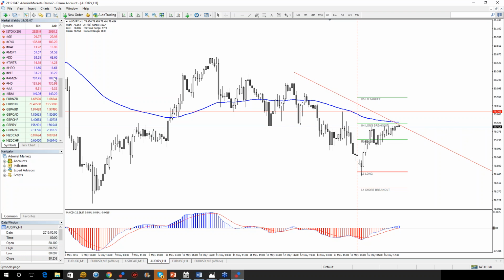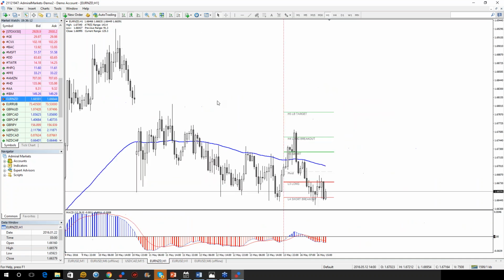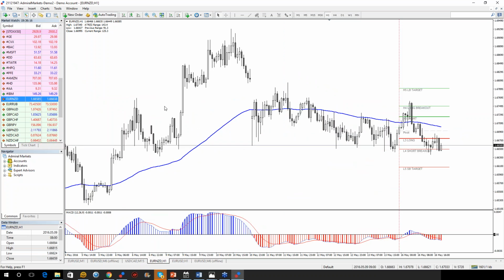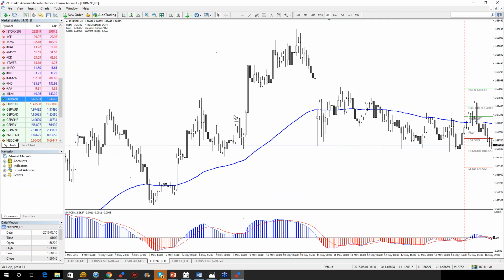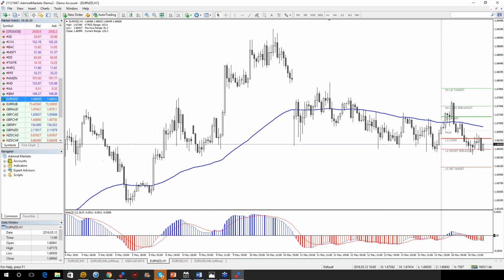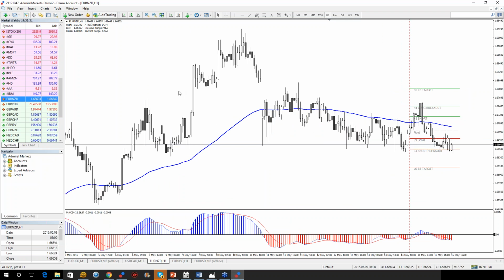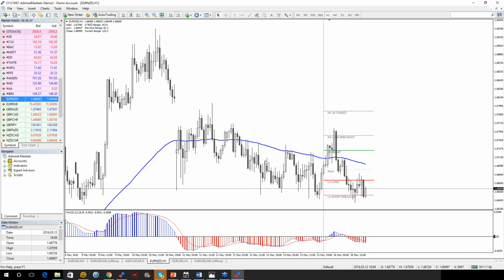Euro New Zealand here. Nothing. I don't see anything here. I see head and shoulders, left shoulder, head, right shoulder. This is the range, up, down, up, down, up, down. This is the bubble that can explode, and if it explodes, it will be huge, because Euro New Zealand usually moves with a high ATR, and this is nothing here.